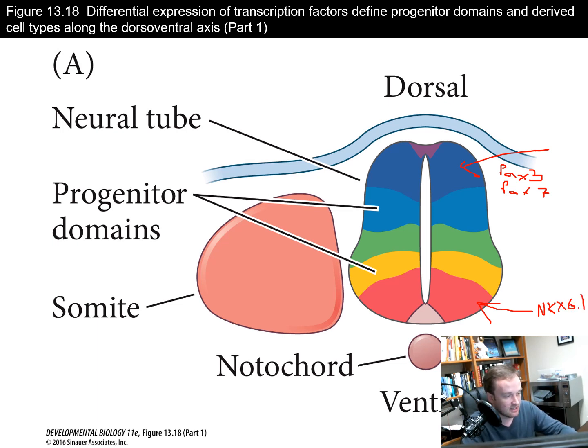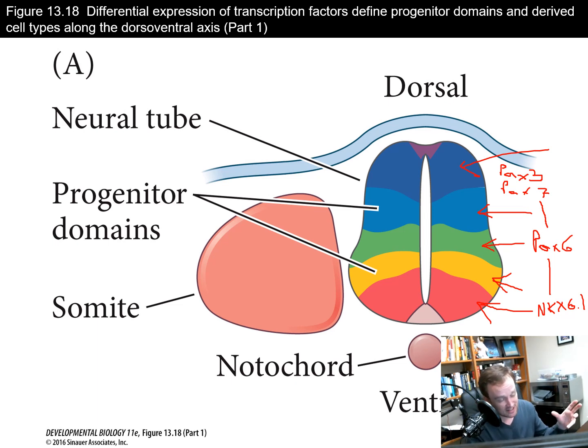And then in the very central region, this green region, we have the expression of PAX6. And so these also form gradients. So these are the regions where they're the most highly expressed. And so the lighter blue and the yellow regions have combinations of the neighboring regions. So yellow will have both PAX6 and NKX6.1, and then light blue will have PAX3, PAX7, and PAX6.